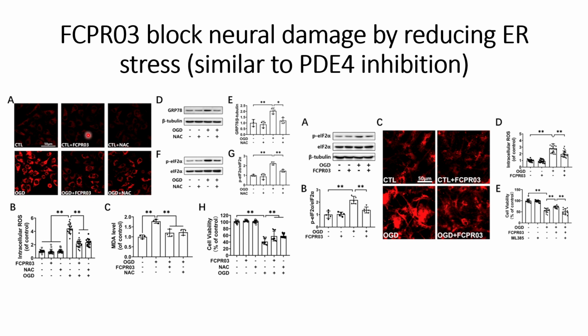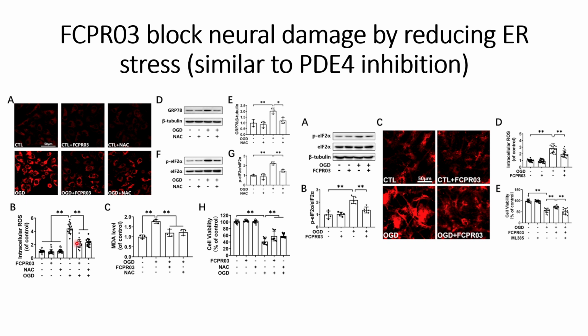We can see that when FCPR03 is there, there is a decrease in the amount of this fluorescence, and a similar kind of decrease is seen when the cells are treated with this free radical scavenger, that is NAC, and the signals in both of them are reduced compared to the case where there is only ER stress.